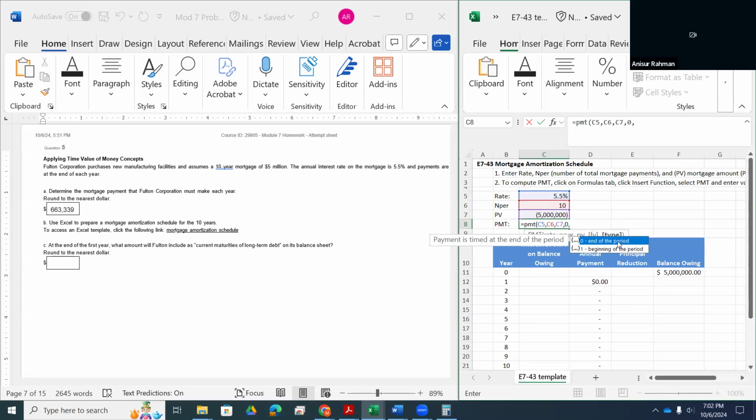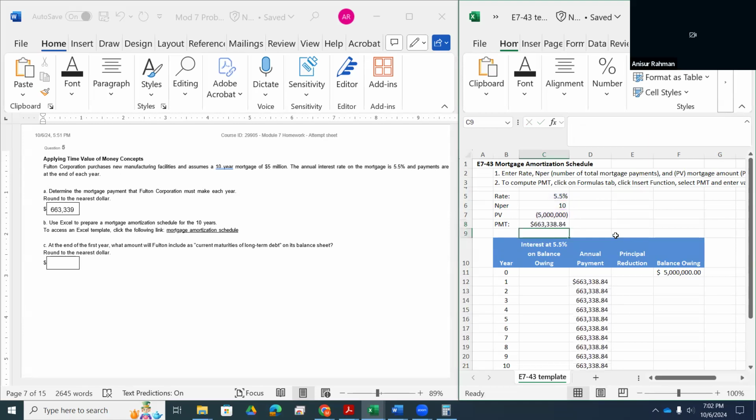So that basically means if the mortgage payments or the recurring payments are happening at the end of the period, we will select 0. If the payments are at the beginning of the period, we will use number 1. In this case, the question says the mortgage payments are at the end of each year. So we will select 0. Close and enter. So this is our payment.